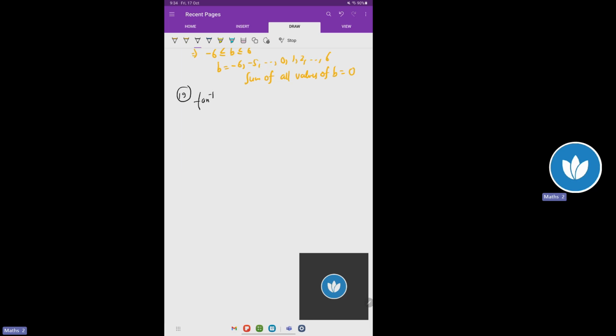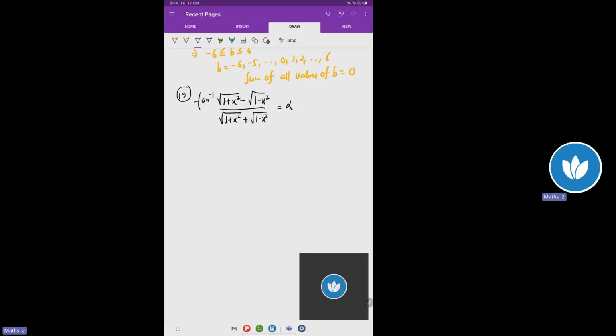Yes, this is the question. Tan inverse of the square root of 1 plus x square minus the square root of 1 minus x square, upon the square root of 1 plus x square plus the square root of 1 minus x square.